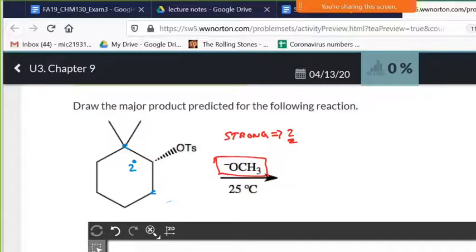Now what we really have to decide is between SN2, it acting as a nucleophile, versus E2, it acting as a base. The nucleophiles, our halides, are going to be exclusively small as nucleophiles.